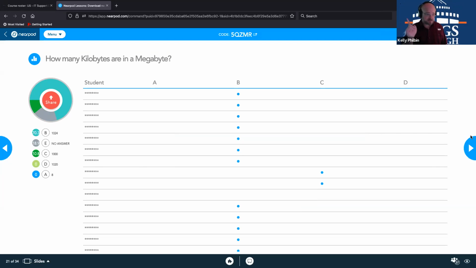So you got to remember it's 1024. Even though in general conversation you may simplify it and just say 1,000 because it's quick and easy, we have to remember specifics: 1024 kilobytes in a megabyte, or 1024 megabytes in a gigabyte.